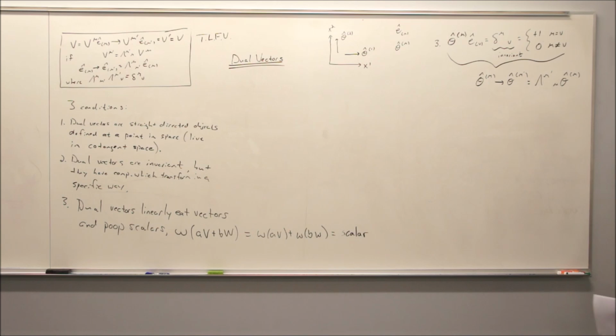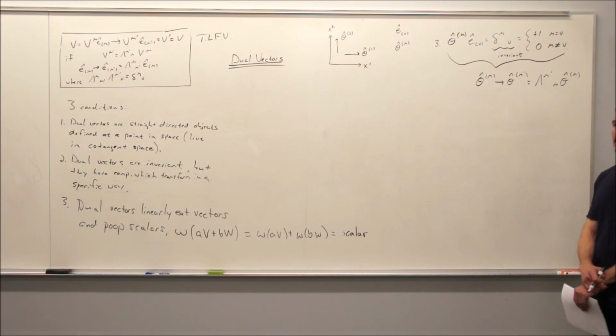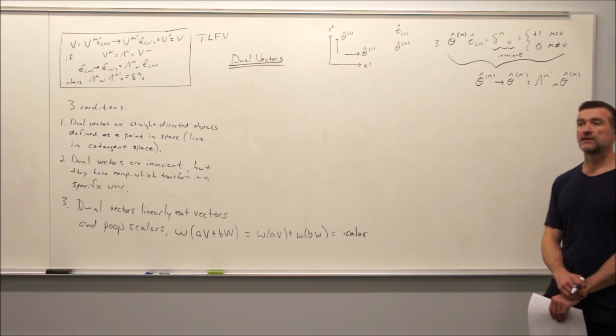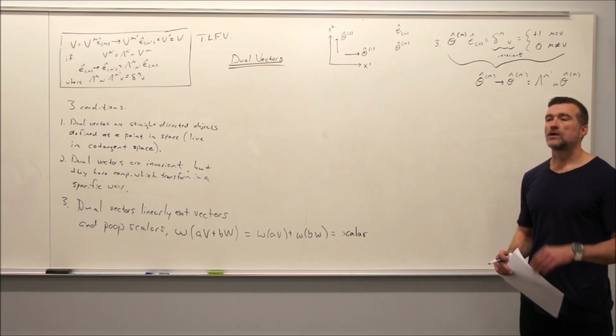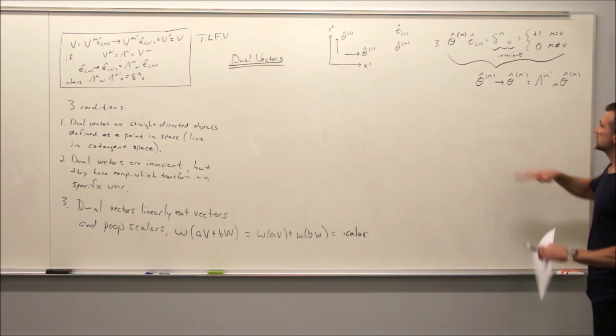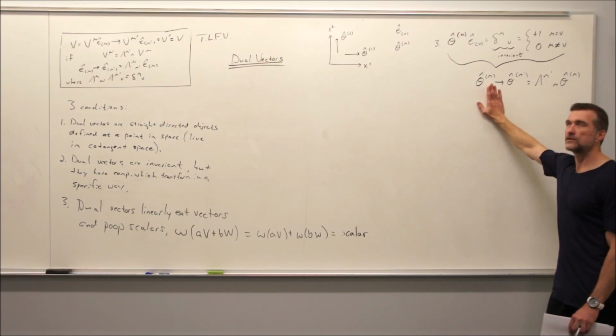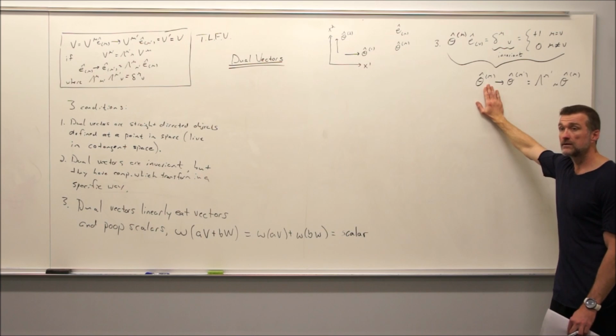Does that imply that there's something similar between the dual basis vectors and the vectors, because they transform in the same way? Is there some connection between those two? Are you asking me, is there a connection between the dual basis vectors and the components of a vector?